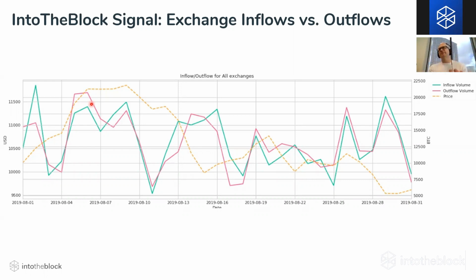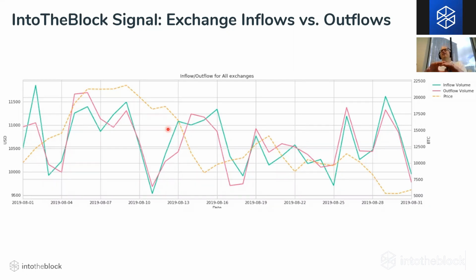You can anticipate a lot of movement in the market just from looking at the movement between exchanges. That is certainly something that you cannot do in any other asset class, and at least here you have a chance to do that.